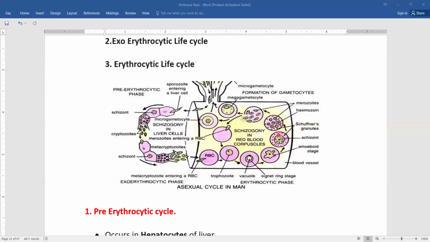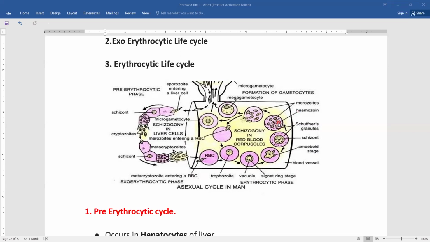Now we can see some Schüffner's granules and some hemozoin granules within the cytoplasm of the RBC. Mainly, hemozoin granules are the waste products that are released after eating the heme from the hemoglobin.